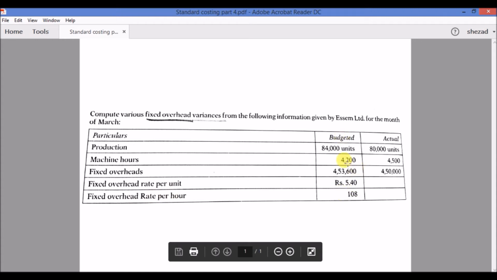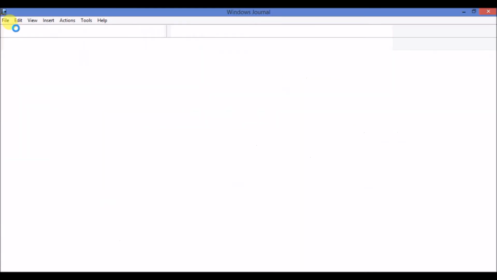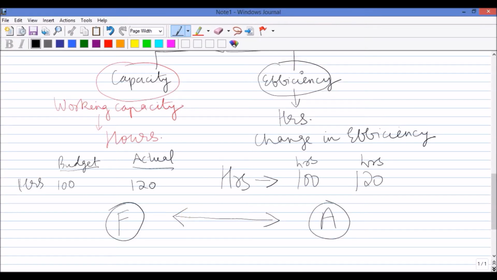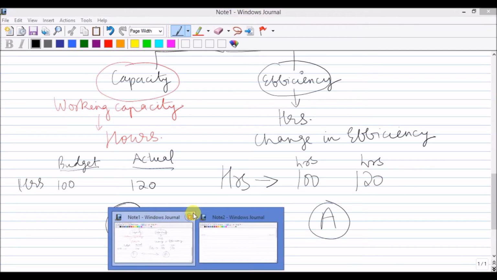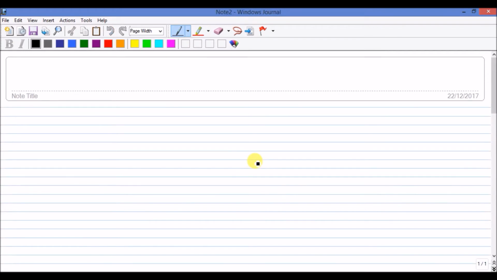Okay, so we can start with the sum. So now we are with our first sum. I'm going to solve this with a small trick, so kindly pay attention.